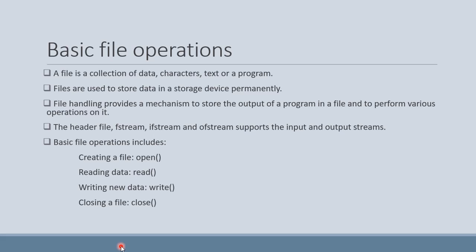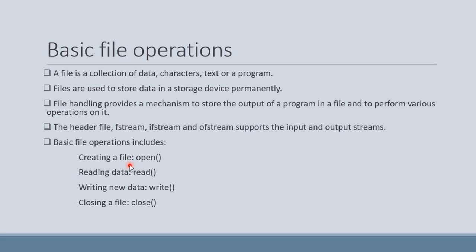That is, we can give data into a file and also read data from a file while doing another program. So basic file operations include creating or opening a file, reading data, writing new data, or closing a file.